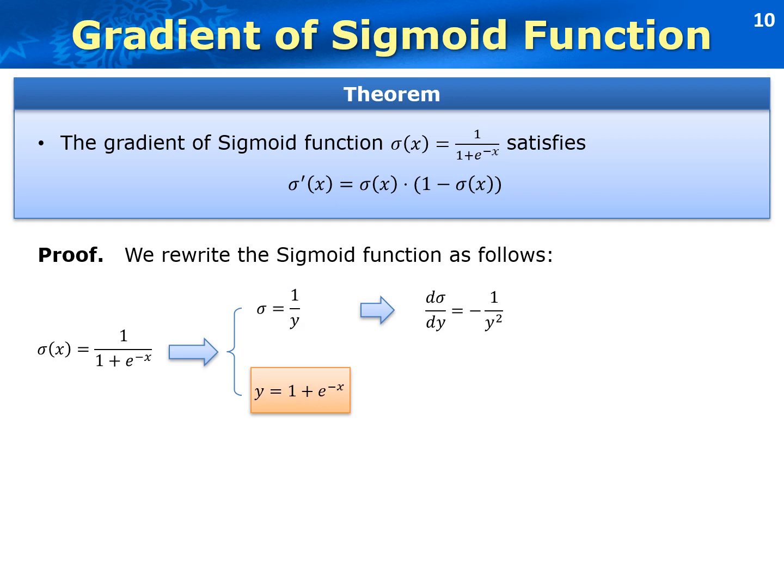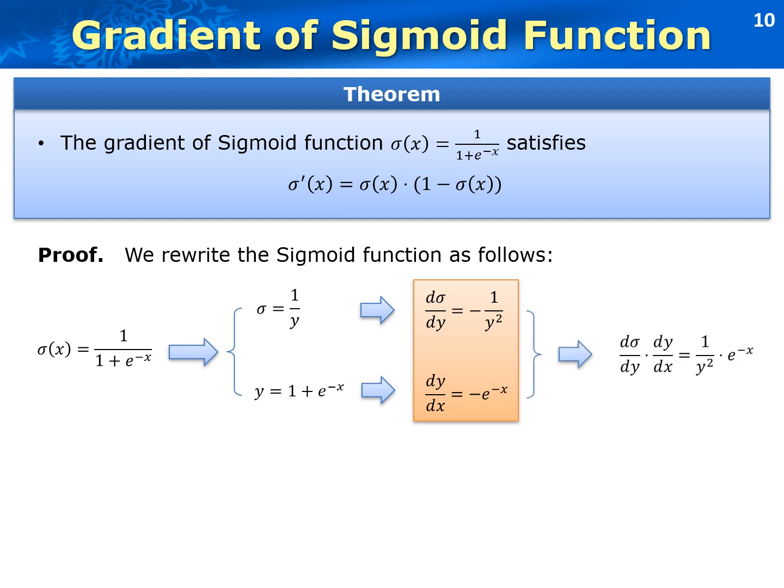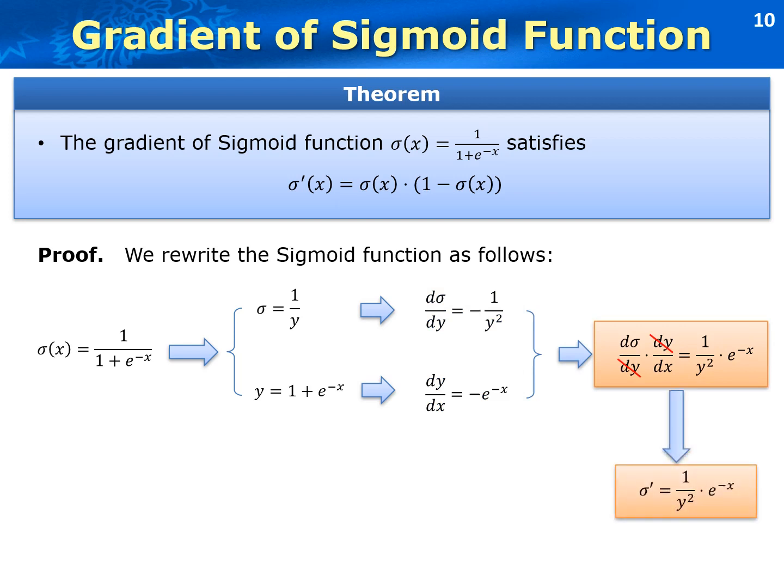Since the derivative of 1 is 0, and the derivative of e to the minus x is minus e to the minus x, it follows that the derivative of y equals minus e to the minus x. Then we multiply these two equations together to get the following result. Since dy is cancelled out, the derivative of the sigmoid function equals 1 over y squared times e to the minus x.